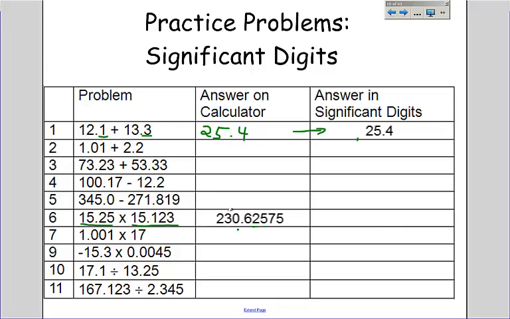So the 2, the 3, and the 0 stay. The 6 also stays, but we have to look at the next number after that. The number after it is a 2. It's less than 5, so if we're rounding our number, our 6 is going to stay the same. Now if that 2 was 5 or higher, we would round the 6 up to a 7. Okay, but as it is, our answer here is just going to be 230.6.